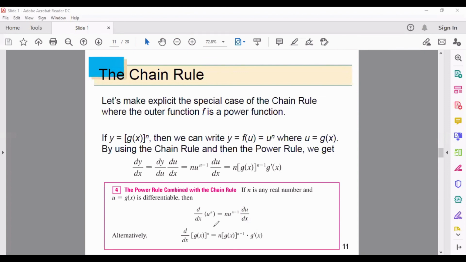I used this rule without mentioning it when we did the example on the board, something to the 5. I used n equal 5 and g of x equal, as far as I remember, 3x squared plus 2x minus 1, something like that. Okay, I did it before.